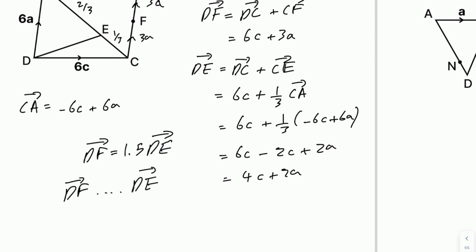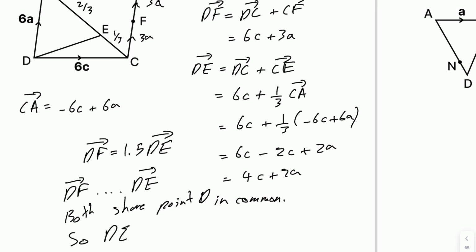So they are parallel. And then you would say they both share point D in common. And then so that D, E, and F are on a straight line.